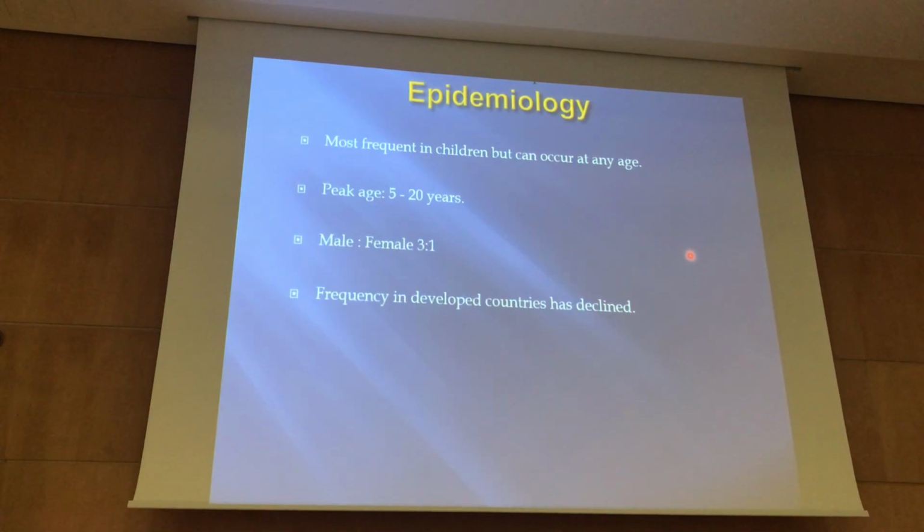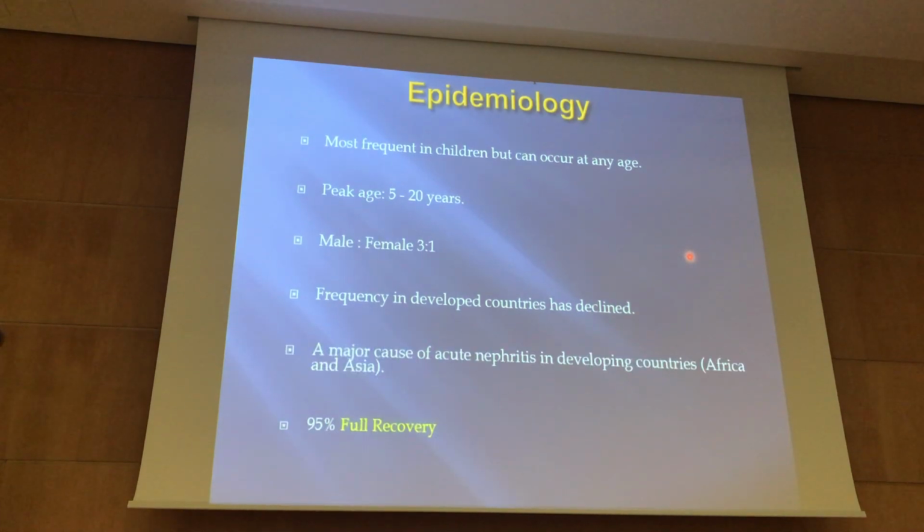Male to female ratio is 3:1, and the frequency in developed countries is almost declining because they have good hygienic conditions. They don't even have post-streptococcal infection there. Majority of the things are clear there, but in poor countries like in Asia and Africa, we still have the same process.